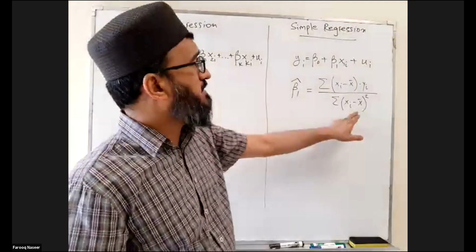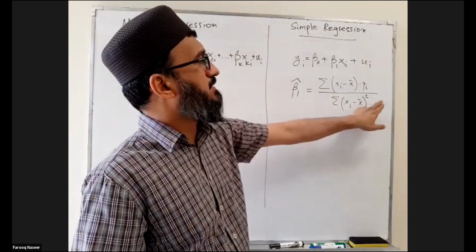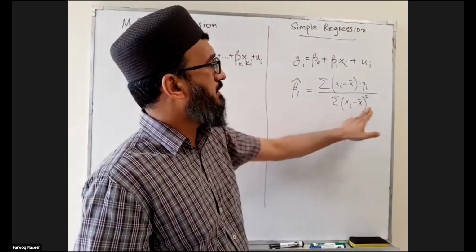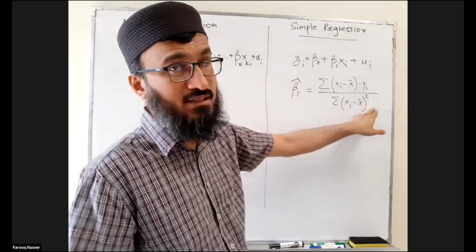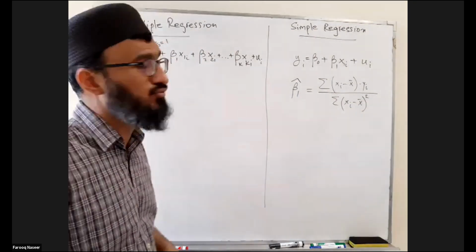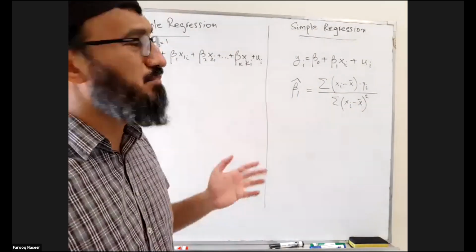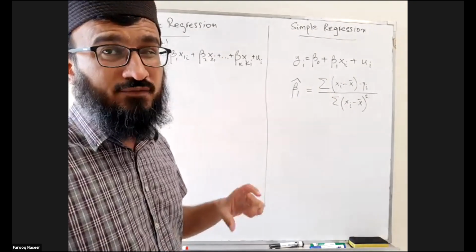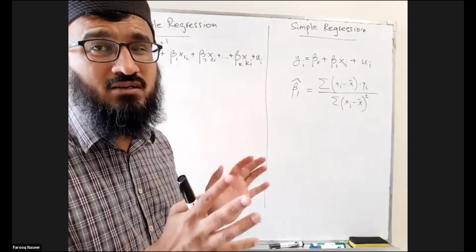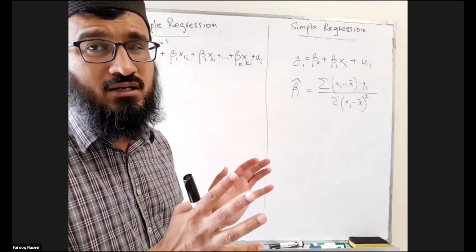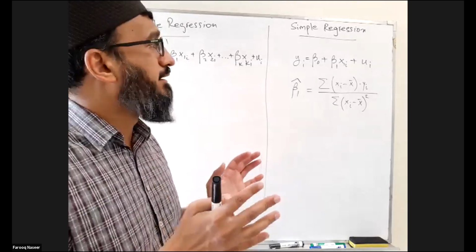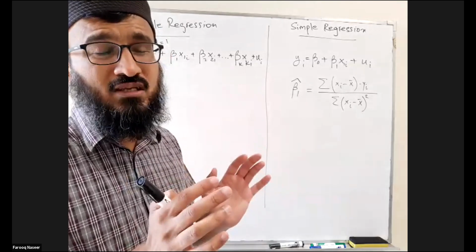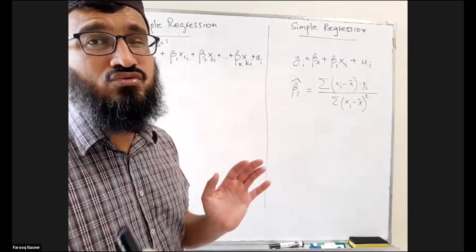So this is also xi minus x bar times xi minus x bar. I could have dropped the second x bar and written it as xi minus x bar times xi, right? That's a simple trick that you should all be familiar with. If we have a product of two demeaned variables, each with its mean subtracted from it, nothing changes if I drop one of the two sample means.